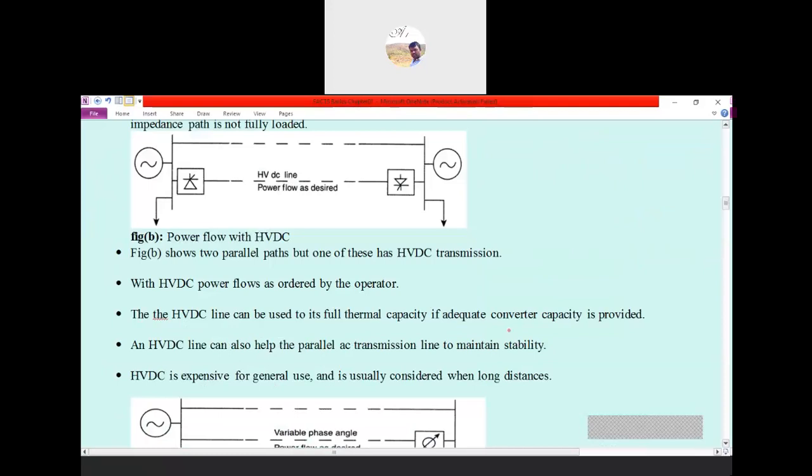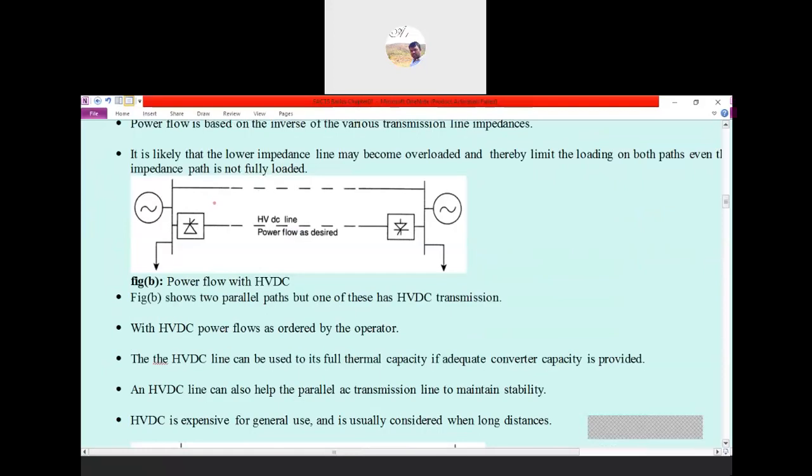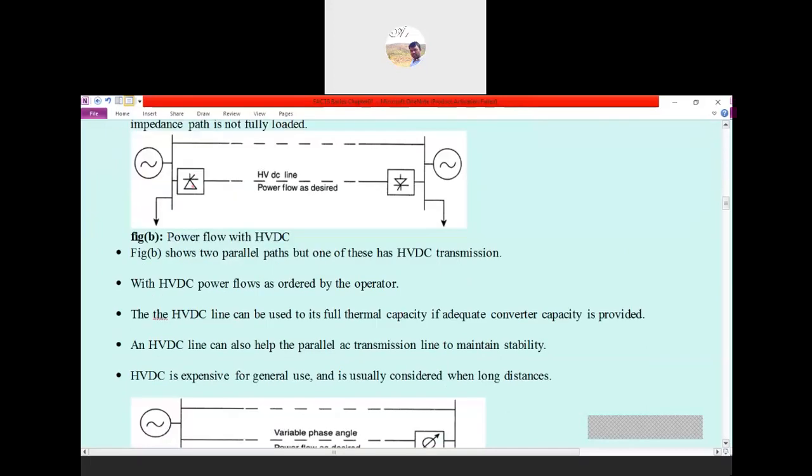So if you take the HV transmission, here we have taken only one simple AC circuit in a transmission. Now coming to the same transmission line with interconnection, the HVDC line. Here we have thyristors.